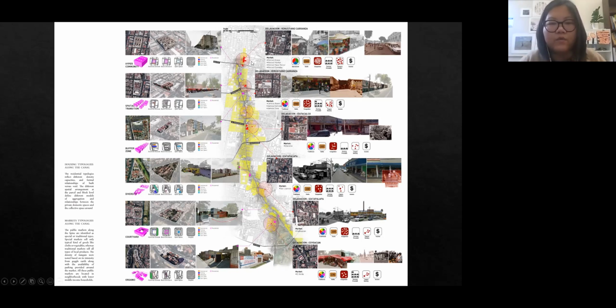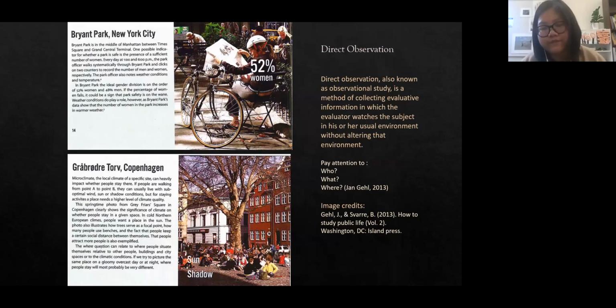And then we cut through different sections to really analyze the architecture typologies, and the market type associated with each architecture typology. So this is one example of integrating the combination of reading the landscape, observing, journaling, and research all together. All right, so that was the first method.